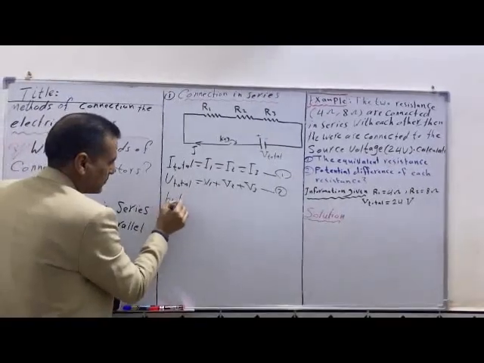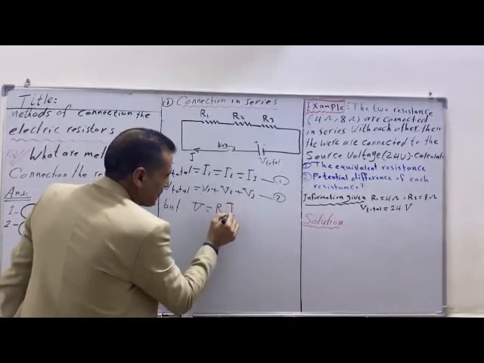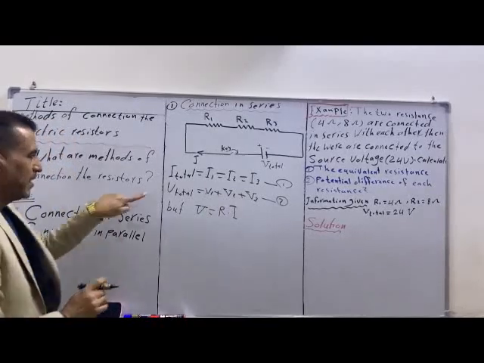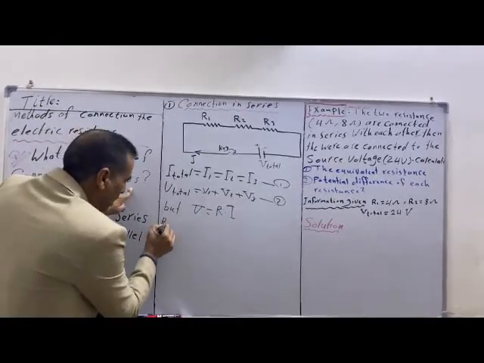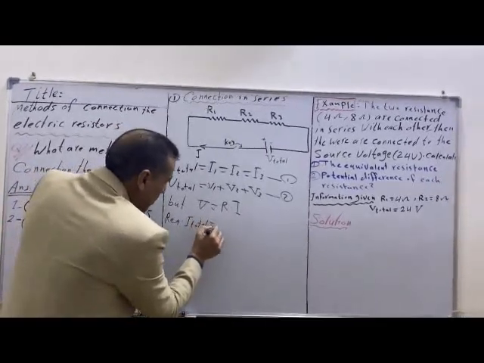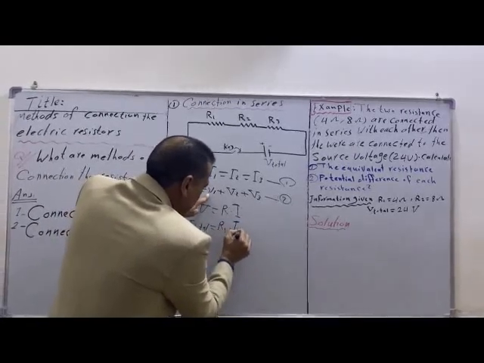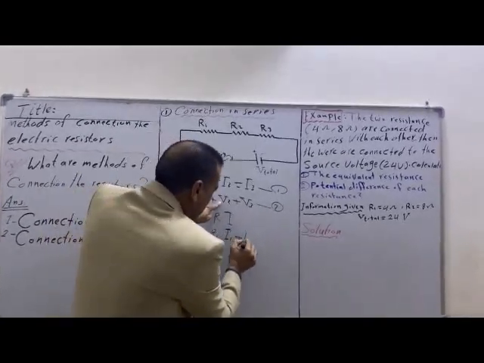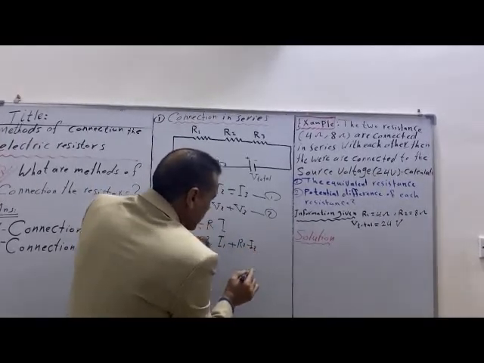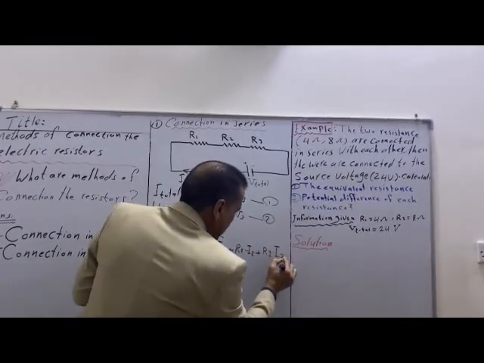But V equals R times I. Substitute this equation in equation 2. V total equals R times I total. V1 equals R1 times I1, V2 equals R2 times I2, plus R3 times I3.